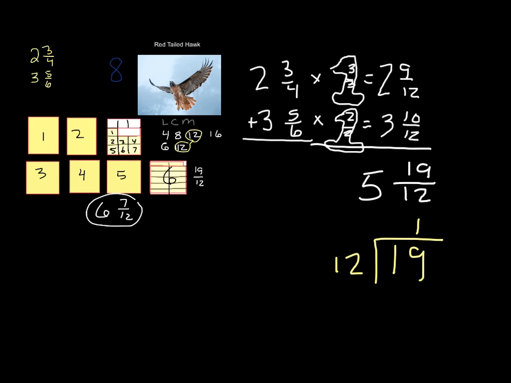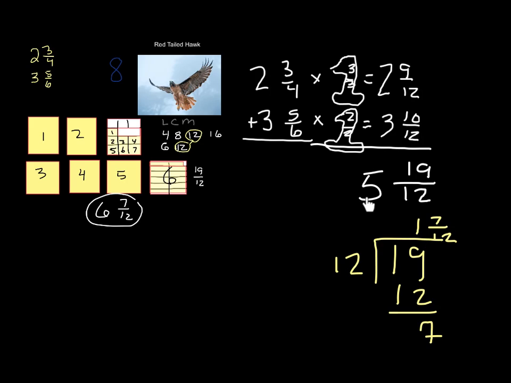And 12 will go into 19 one time, which will give me 12, and I will get 7 left over, right? Now, anytime you have a remainder, you can put remainder 7 or R7, but the better way to do it is to put your 7, your remainder, as your numerator and your divisor here as your denominator. So I'm going to put the 12 here.